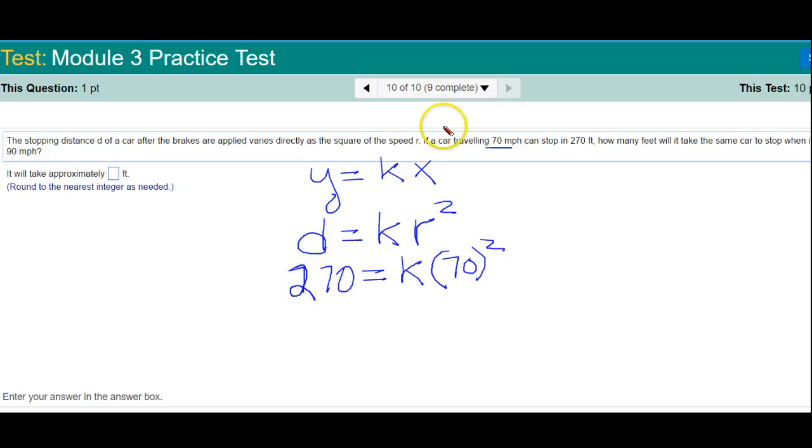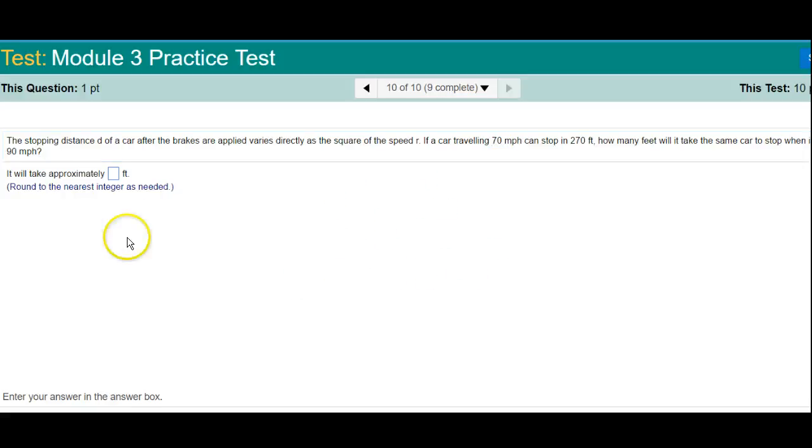Okay, that's our last example, I believe, and hopefully this gives you an idea of what Module 3's test would be like. And as a postscript, I might add that here it's to the nearest whole number. So the nearest integer, they don't want decimals.